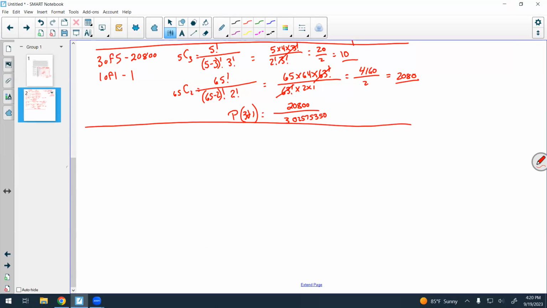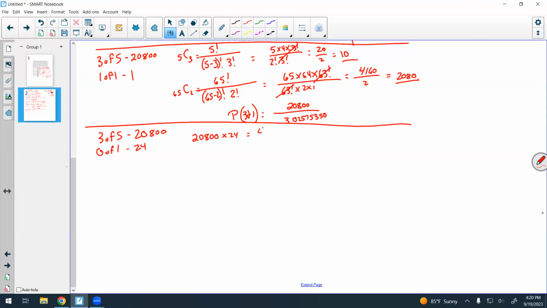So the next prize tier would, of course, be 3 of 5 and 0 of 1. And we know both of these already. 3 of 5 is 20,800. And 0 of 1 was 24. So we simply multiply. So I get 20,800 times 24.